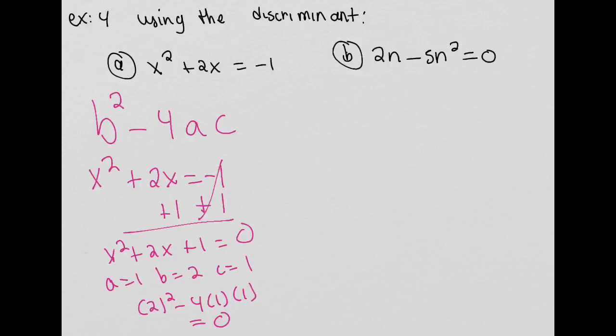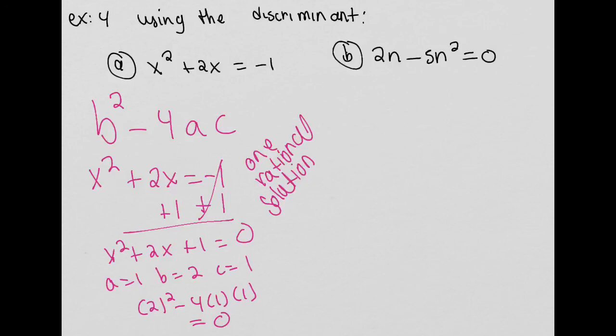If the number you get from the discriminant equals 0, that means you're going to have one rational solution. So for this one, we're going to have one rational solution. Okay, just one. If it equals 0.